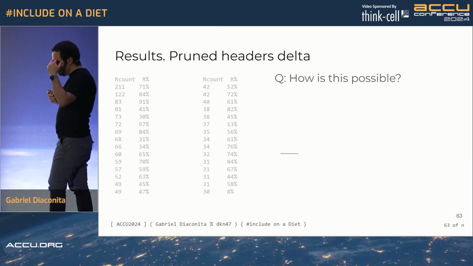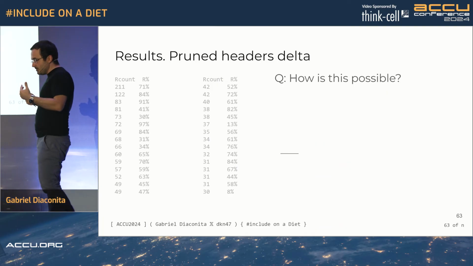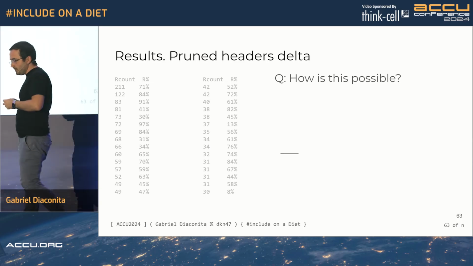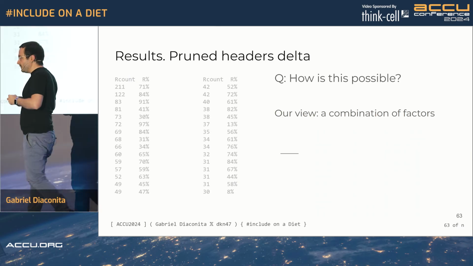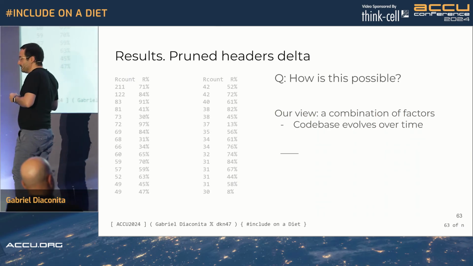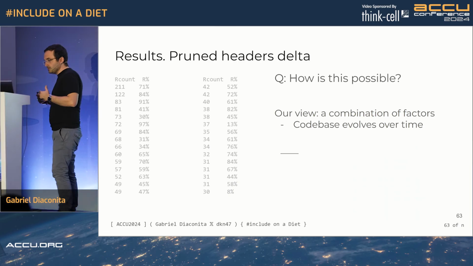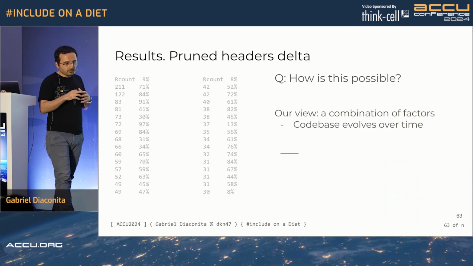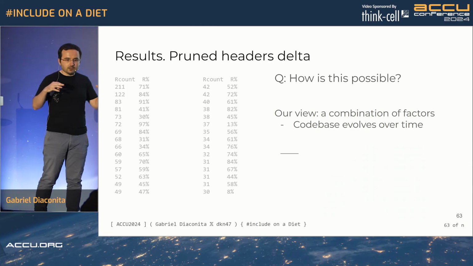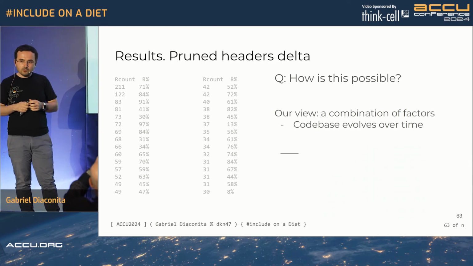How can we interpret this data? What can we learn from it? The way we see it, it's a mix of a few factors. The first is that code bases evolve over time. They are organic. They grow. People add new stuff.